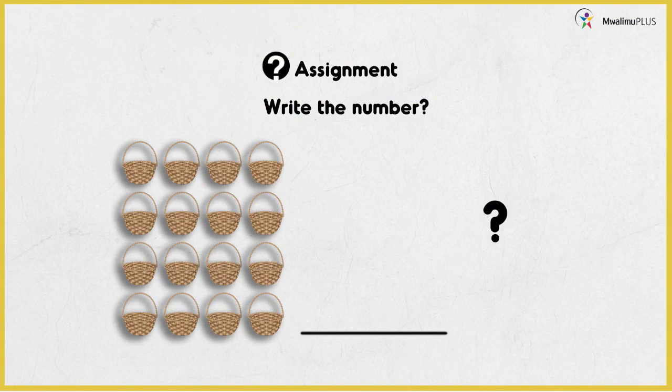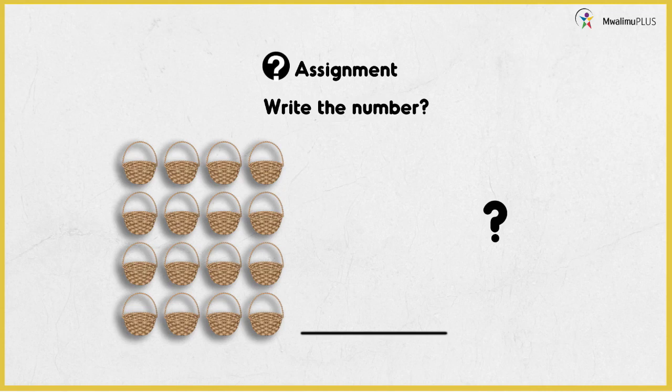So I gave you this work. Write the number. And which number? You are to count the number of baskets, then you write the number in the dash. Just shortly, I'm giving you 2 seconds to count again the number of baskets and tell me how many they are. Good.